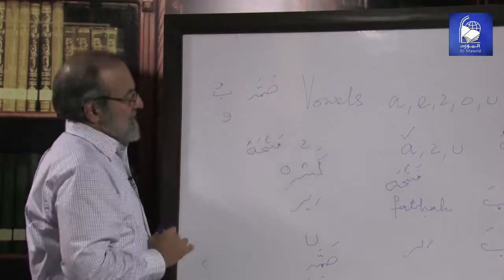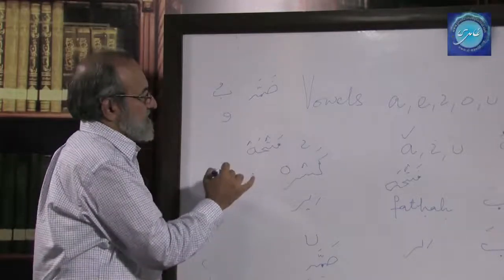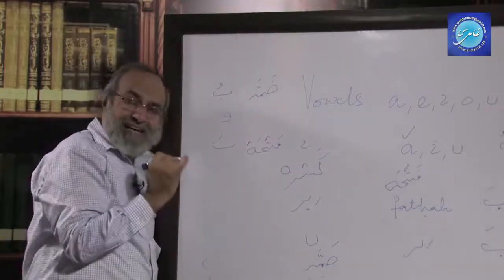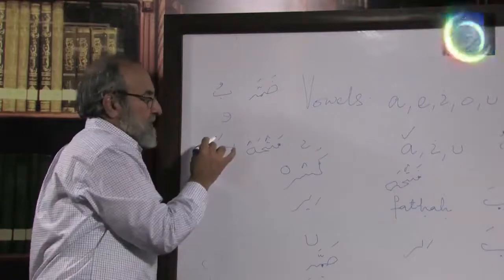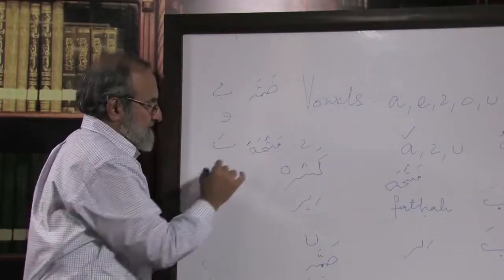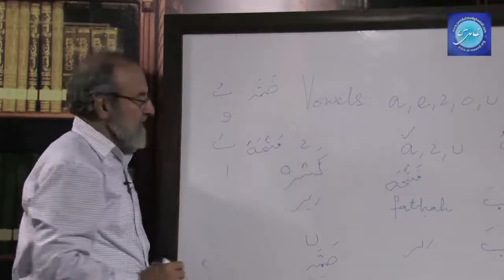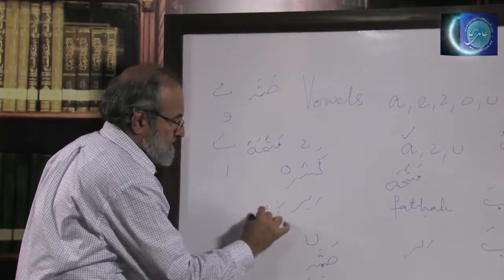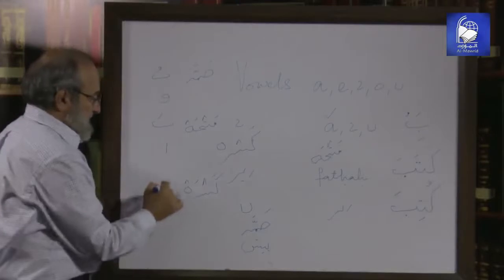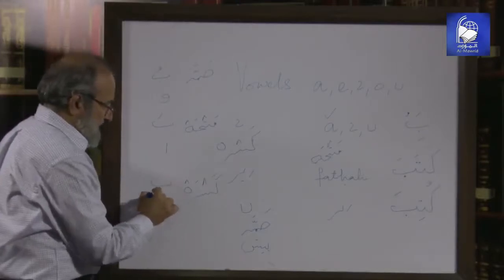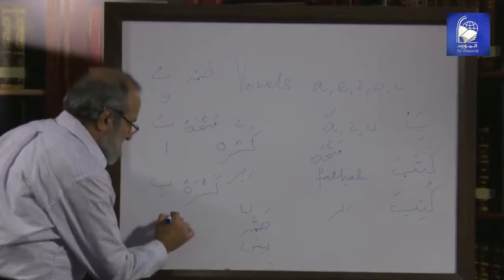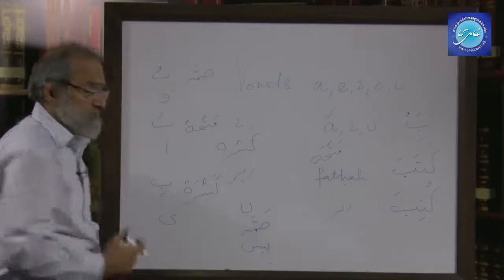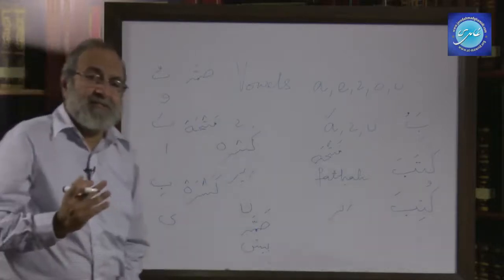We write it like this, but the equivalent Arabic alphabet for fatha is alif, and then the third one is kasra, which is written like this, and the equivalent letter is ya, which has close affinity with kasra.